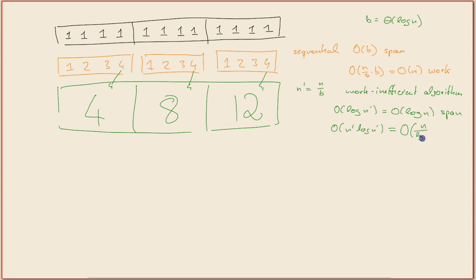N divided log n times log, and here again I have technically log divided log n, but this divided log n just becomes a minus log n. That's the lower order term that is dominated by the rest, or you can upper bound it by the rest. And what's left is a log n down here and a log n up here that we can cancel. So that turns out to be just order n.